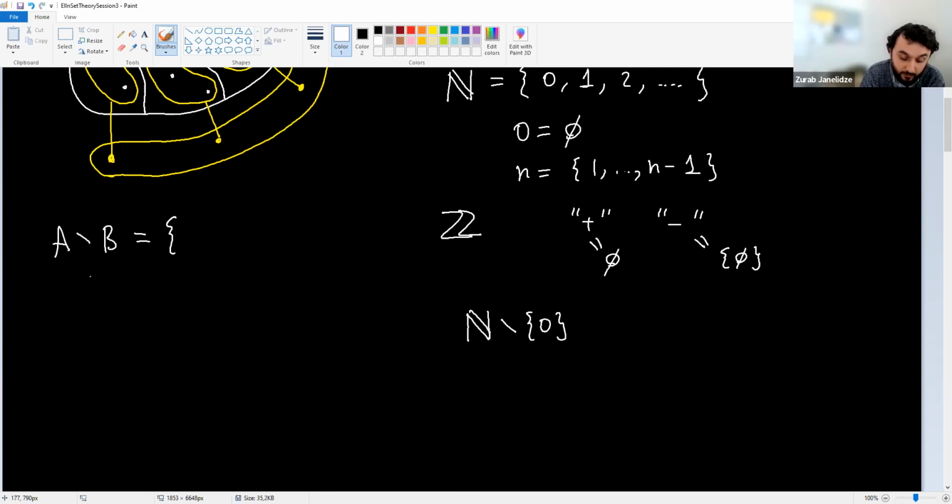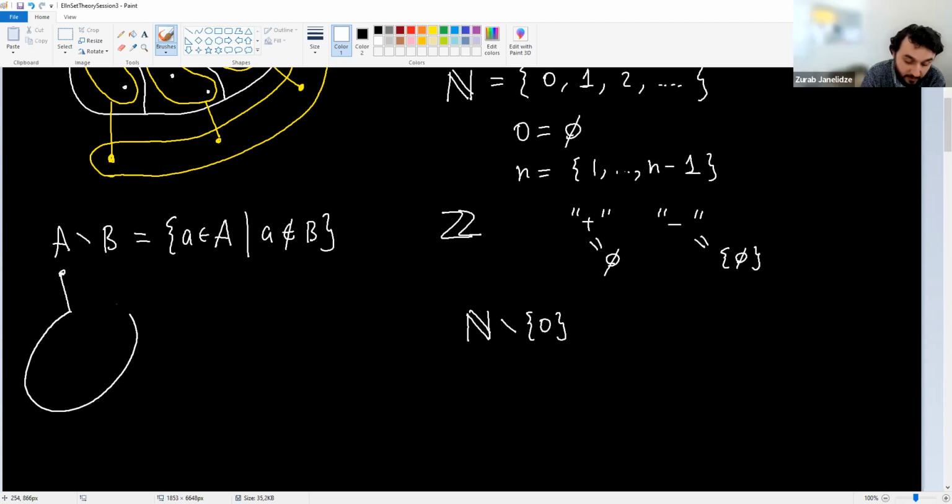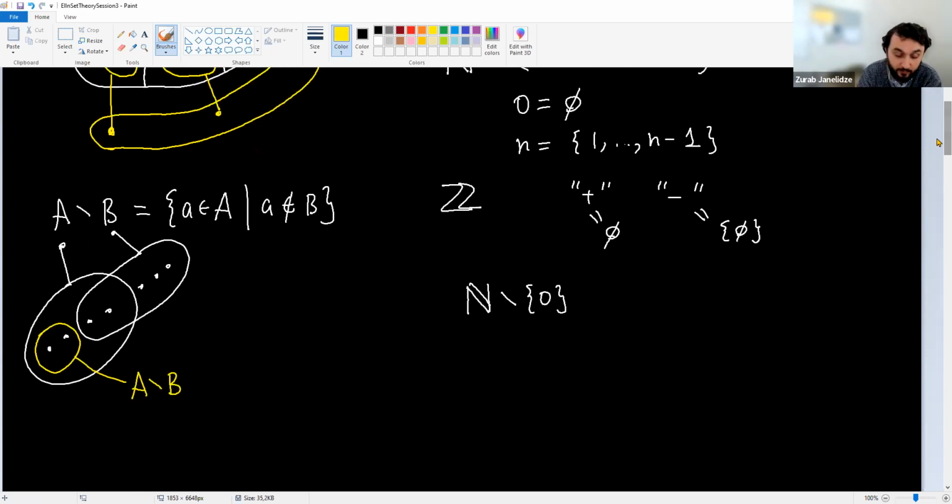You put in this set all the elements of A that are not elements of B. So if A is such a set, and B is a set of this kind, then A minus B will be that set. It simply removes all the elements of B from the set A.